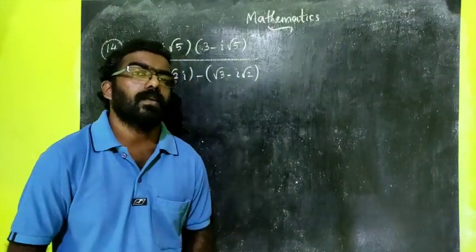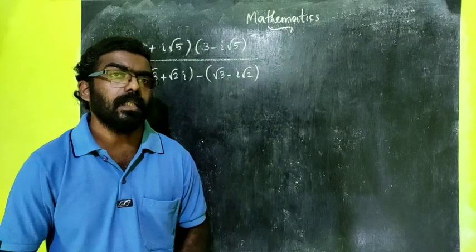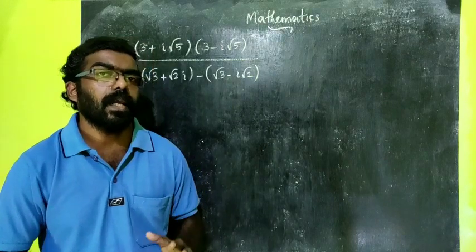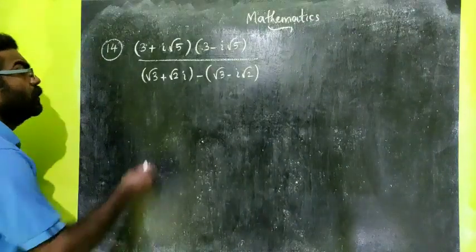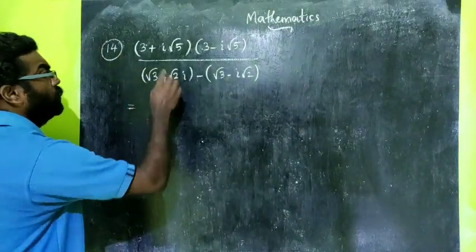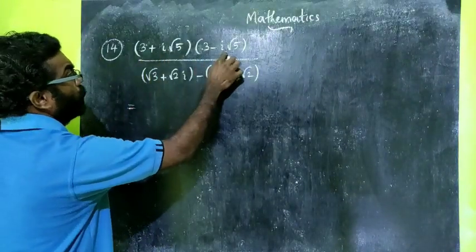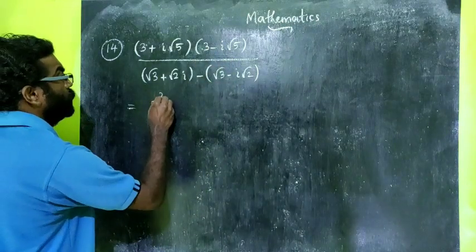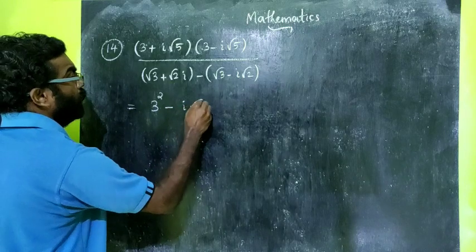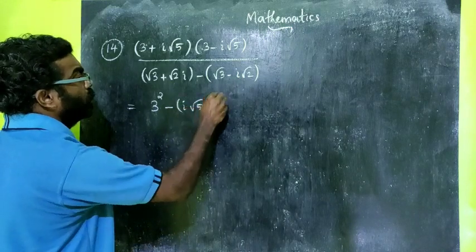Now we move on to the last question in this exercise. Question is, express the following expression in the form of a plus ib. Okay. So here the numerator is of the form a plus b into a minus b. So we can apply the identity a square minus b square. So 3 square minus i root 5 the whole square.